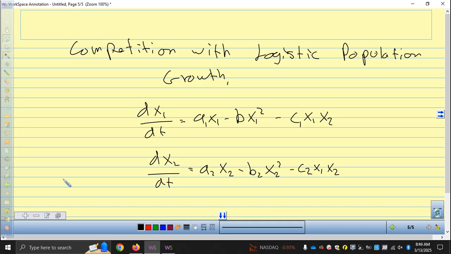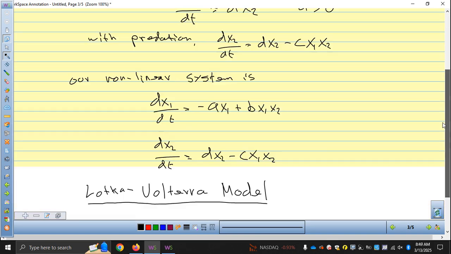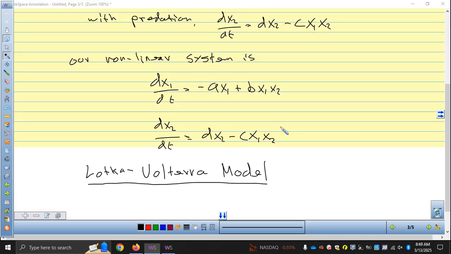And I wanted to go back to the predator-prey model for this system. We can find the equilibrium solutions, so we factor out an x1 and an x2. I forgot to write that down.